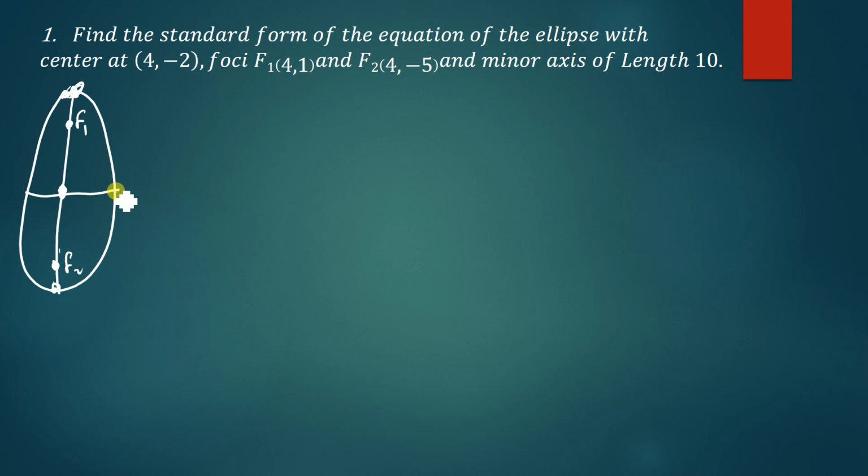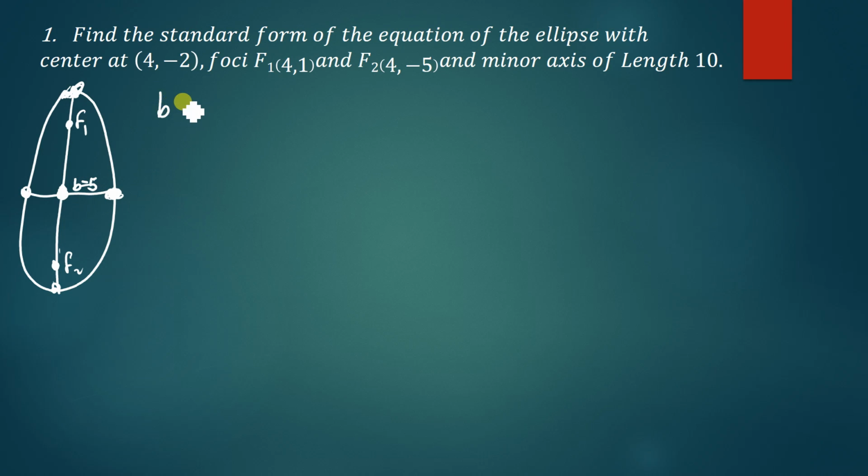We've been given that the length from this point to that point is 10, meaning from this point to that point we have 5. And remember, the distance from the center to one minor vertex in the minor axis is denoted by b. So our b is simply 5.